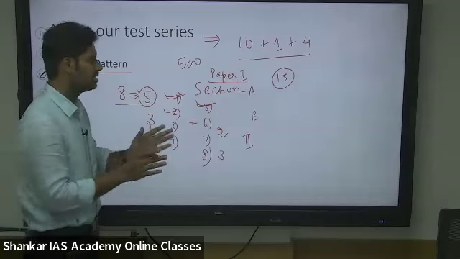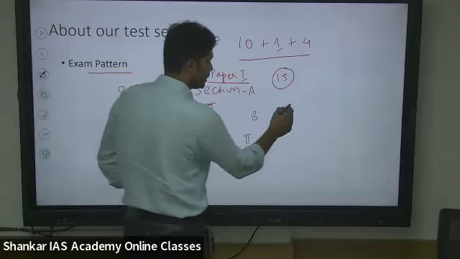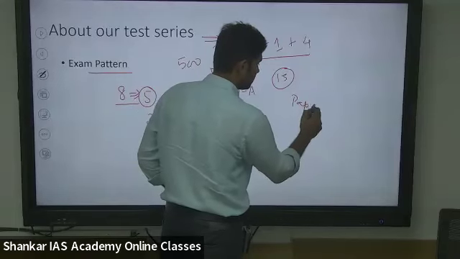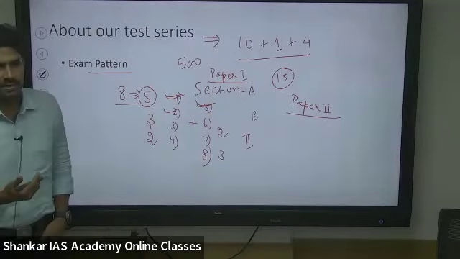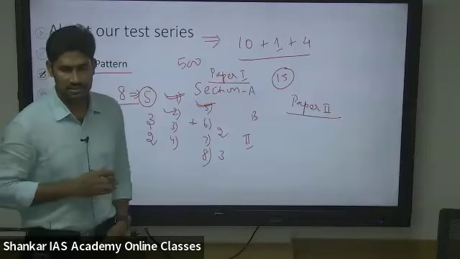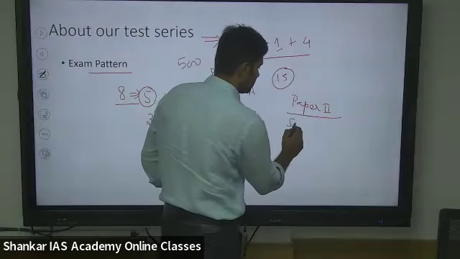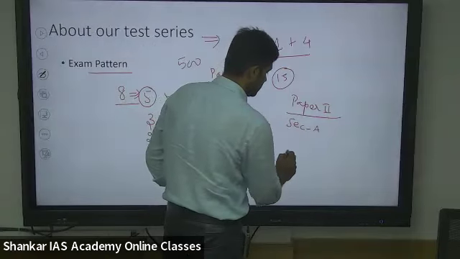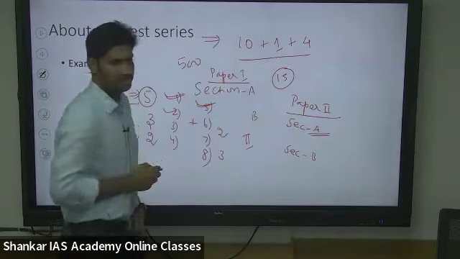But in general, one common strategy in our agri optional: paper 2 is full of technical areas. You will study genetics, plant breeding, plant physiology in paper 2. So in paper 2, section A consists of technical subjects.